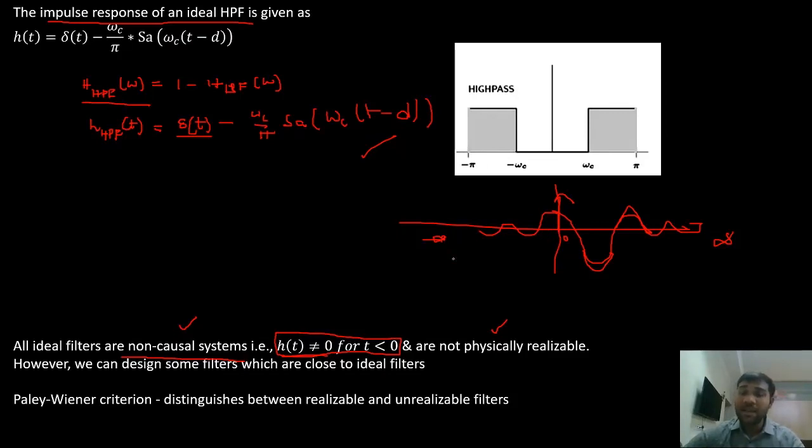That means I'll get some kind of response in the output even when I do not apply any input. Such filters are not realizable physically. That means practically we cannot realize such filters. So this is the Paley-Wiener criterion that distinguishes between realizable and unrealizable filters.